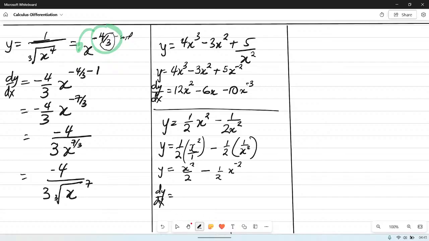Same idea. What about the exponent? You subtract 1 from the exponent. Okay, you can choose to write or you can leave it as it is. That's good.